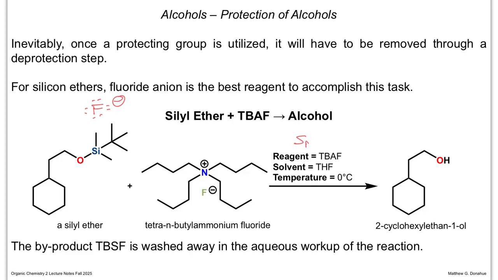So overall, this is an SN2 reaction. Fluoride attacks the silicon, we break that bond, and then that restores the H of the alcohol.